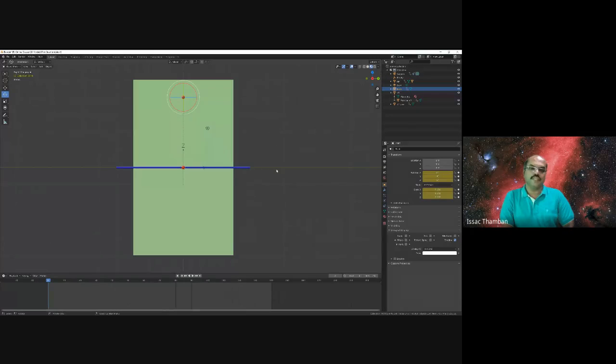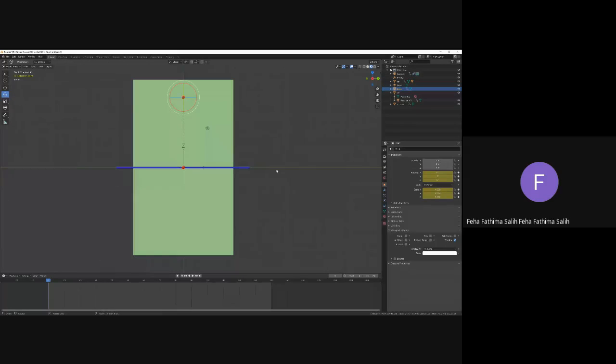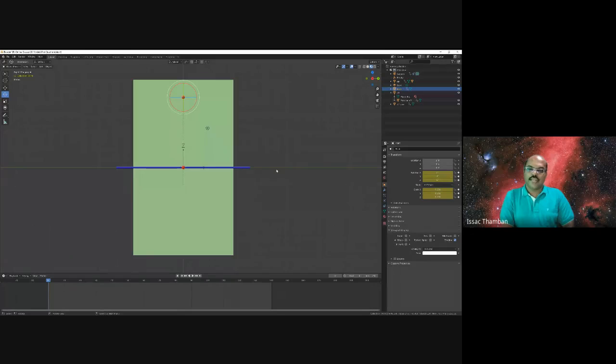Have you seen the civil engineering drawings, building drawings? In that drawings, there will be two views, at least two views. The first one here will be the elevation. Elevation is the front view of the building.